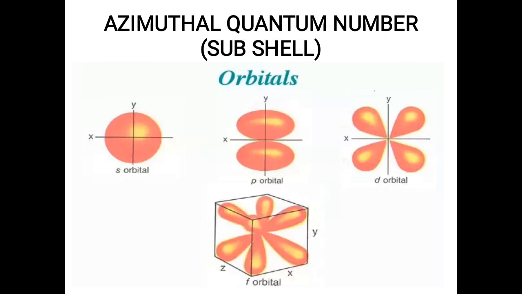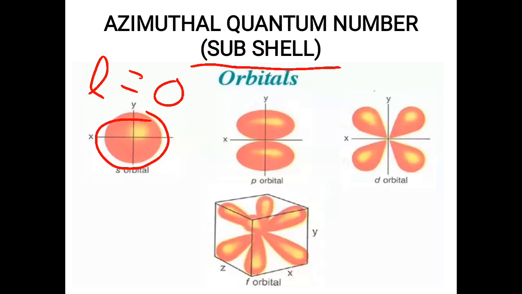But the very next quantum number defines the subshell. Yes, I'm talking about the azimuthal quantum number. And there are four subshells in any atom. The very first subshell, s, is almost spherical, meaning the probability of finding the electron is equal in this sphere. For this, the azimuthal quantum number is 0. For p subshells, the azimuthal quantum number is 1.